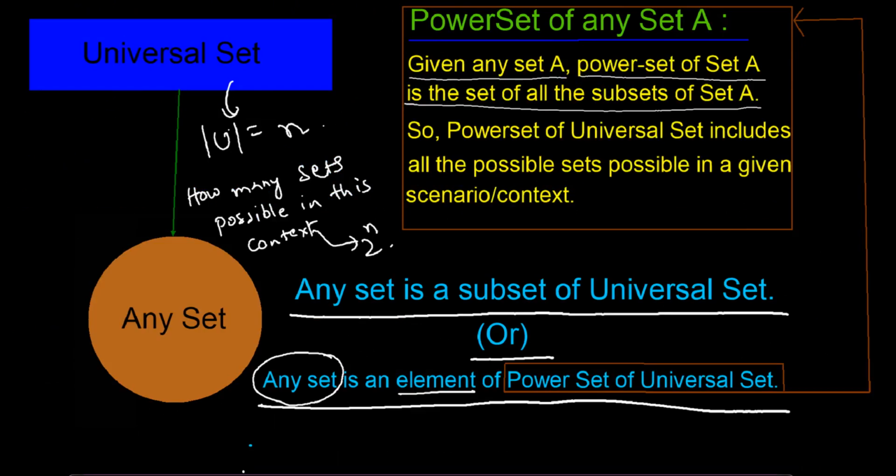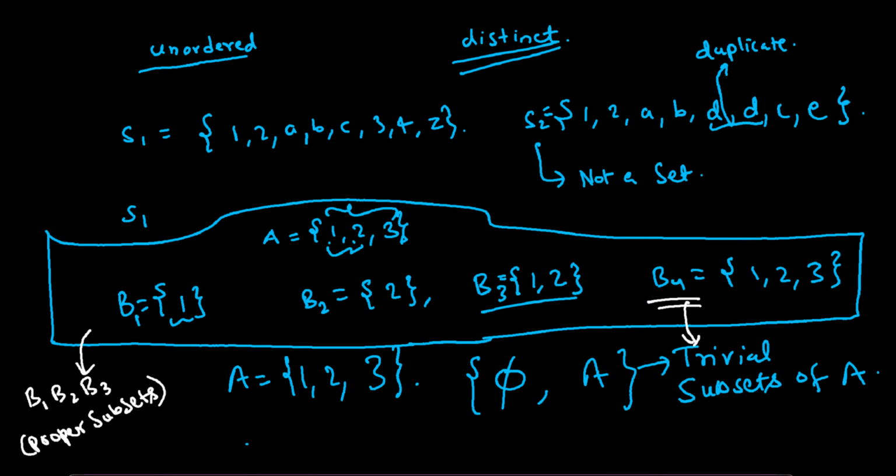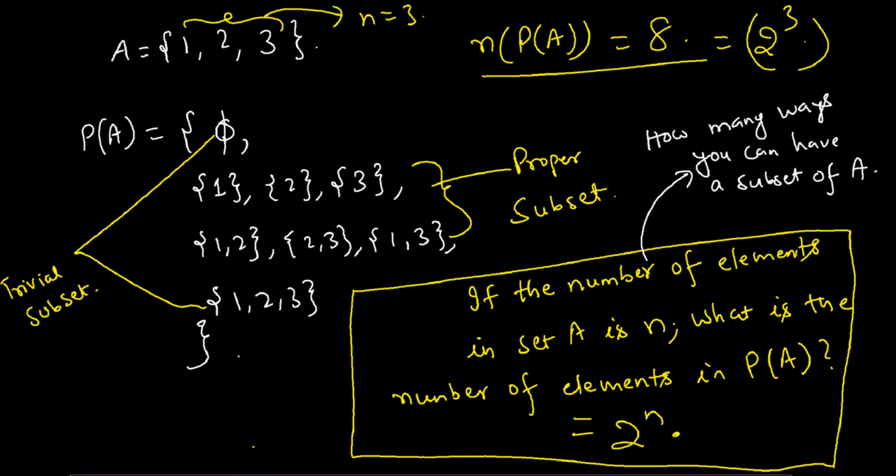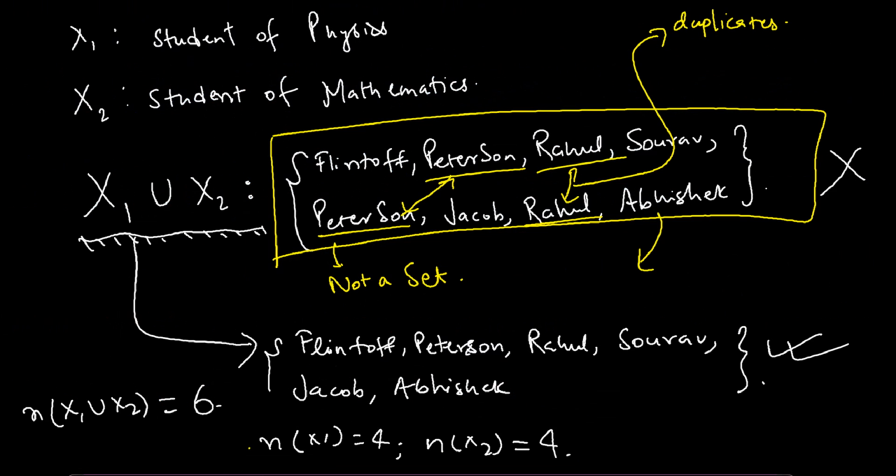In the earlier case, you found that the number of elements in S1 union S2 was equal to the number of elements in S1 plus the number of elements in S2. But in this case, it is not equal to that. It is 6, but the sum of them is equal to 8. Okay, this is not equal to 6.